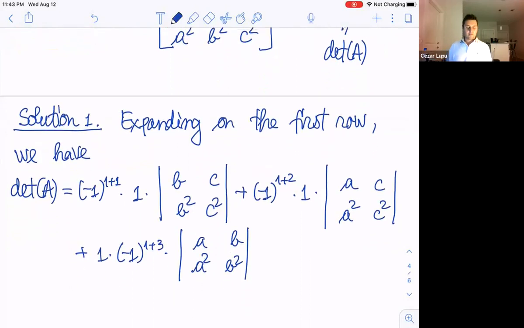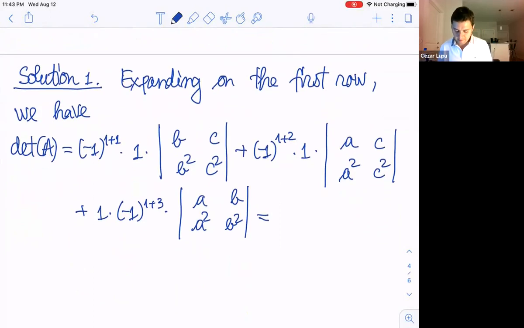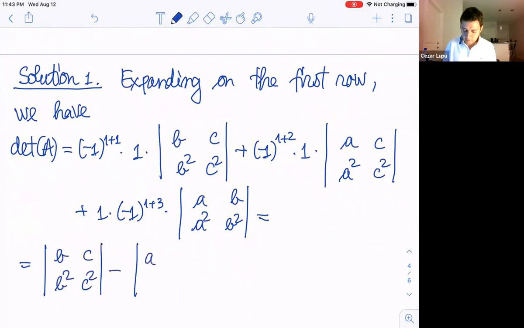Okay, that's easy to do from here. You'll see I have just a bunch of plus and minuses here. So this would be equal to the determinant of b c, b squared c squared, minus the determinant of a c, a squared c squared, plus the determinant of a b, a squared b squared.